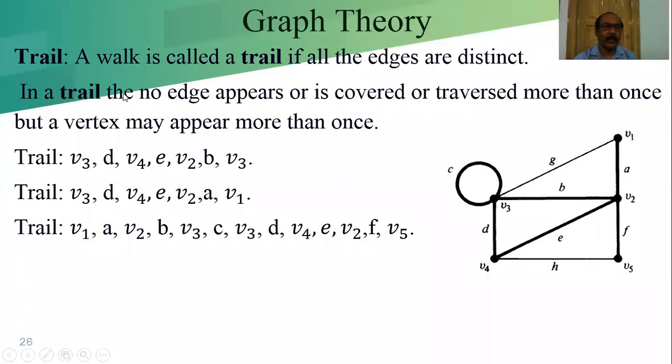What is the definition of a trail? A walk is called a trail if all the edges are distinct. That means vertices may be repeated more than once.